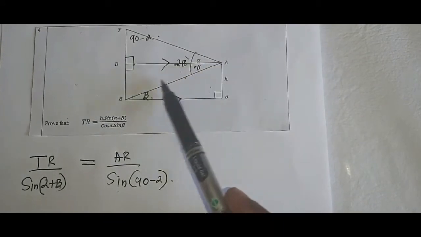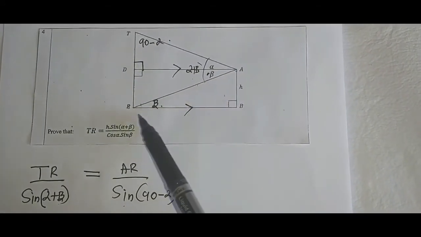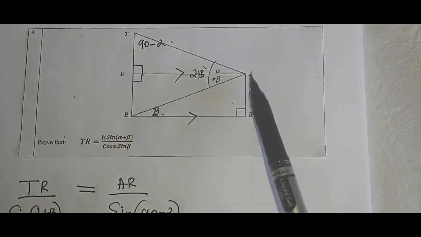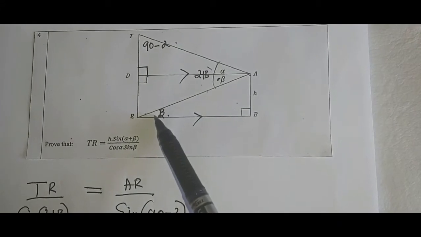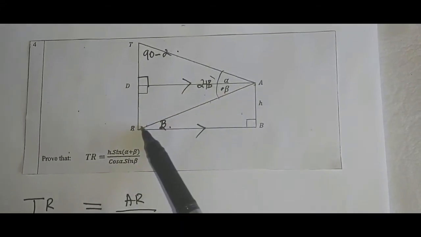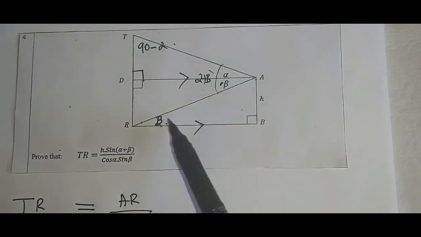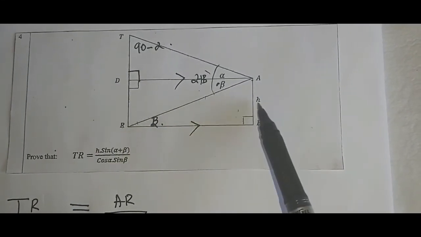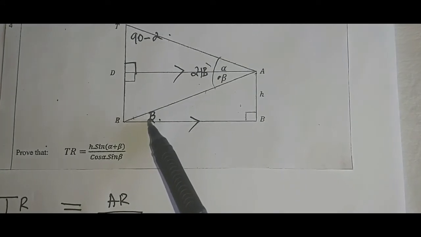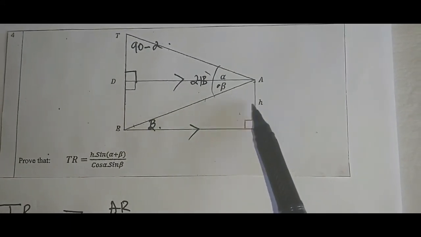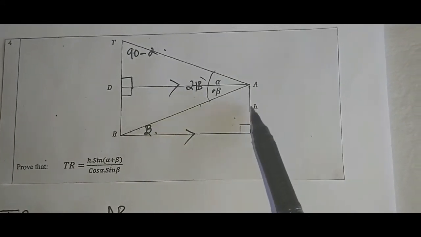If you look at side AR, it's within this right angle triangle at the bottom there. To this angle, AR is the hypotenuse, it's opposite the 90 degrees, and I have an opposite side. So the ratio that makes use of opposite and the hypotenuse is sine.